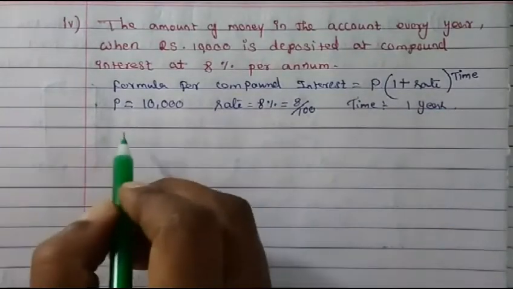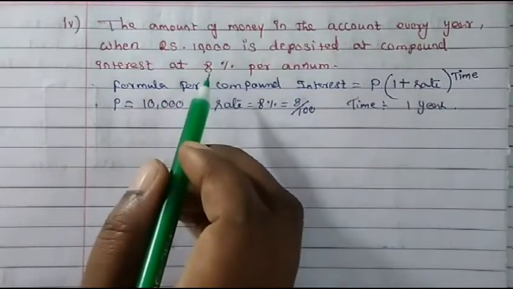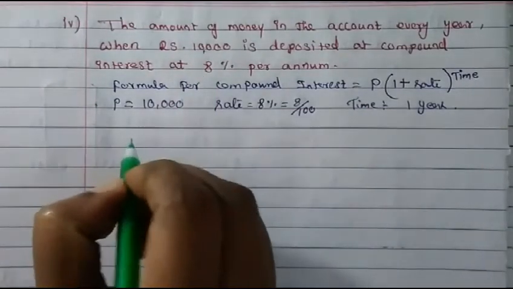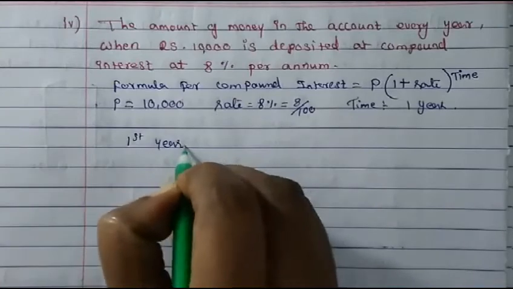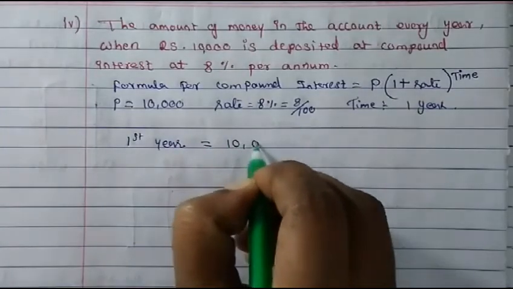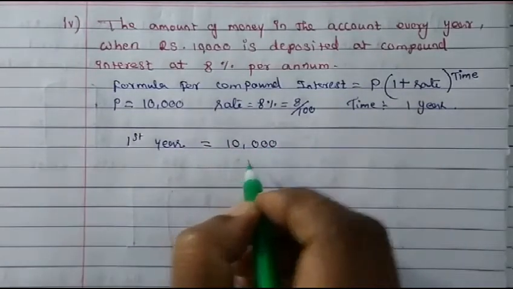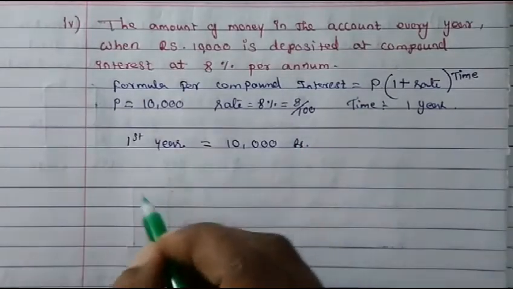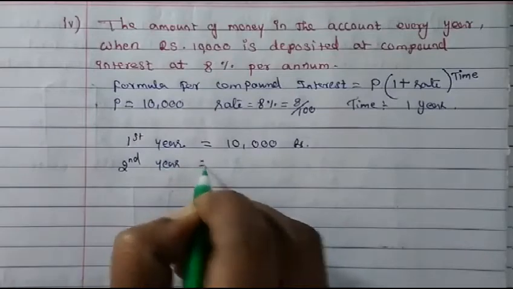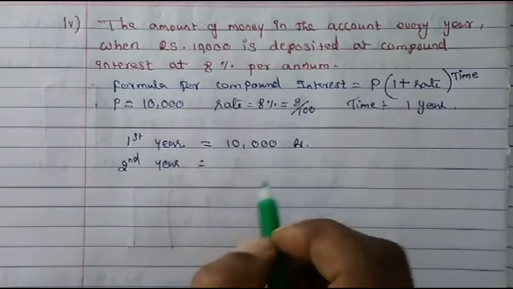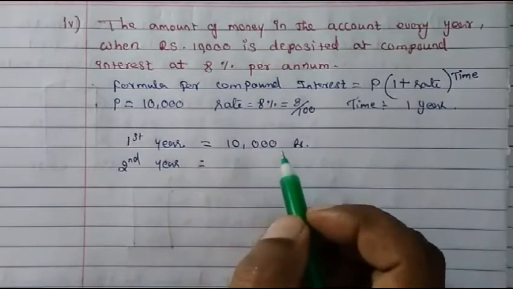So let's see. Now the first year, when it is deposited, 10,000 is being deposited, right? Now the second year, how much would it be? In the second year we will already have the interest.